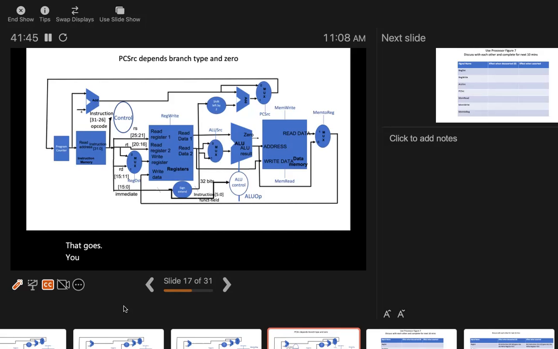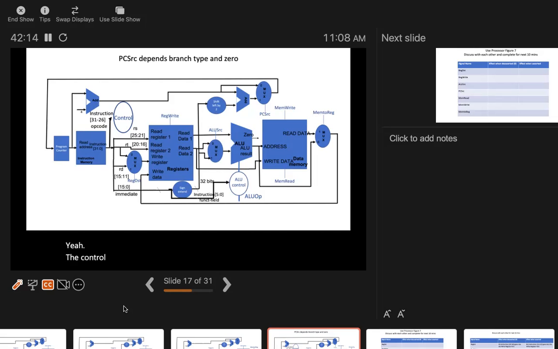And what goes to the center? ALUOp. We will get ALUOp from the control unit. ALUOp is going to be 2 bits.